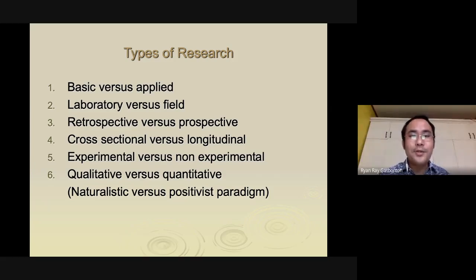Now, field research is done in a naturalistic setting. In field research, the effects of extraneous variables are allowed to influence our outcome. Okay? The next type of research is retrospective research.